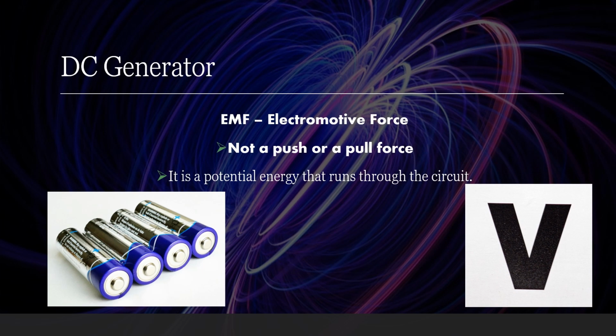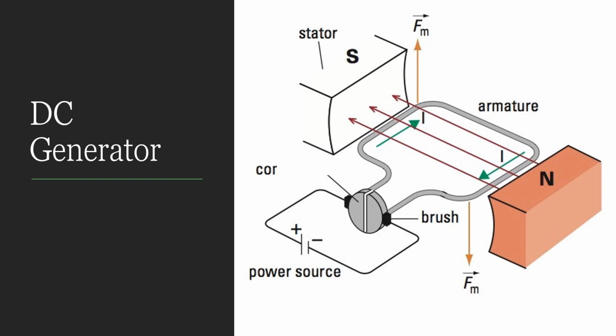And this EMF is measured in volts. This is just a symbol for volts. It is just a V. So what you're looking at is a representation of a DC generator. It is made up of the south part of the magnet and the north part of the magnet. When you look at these blue arrows right here, they show us the direction of current.